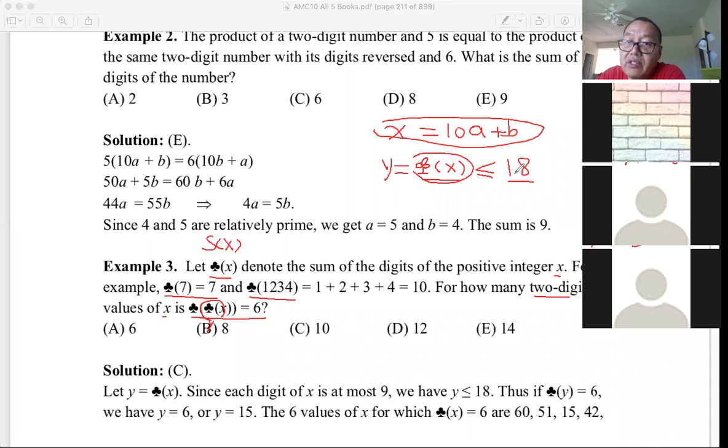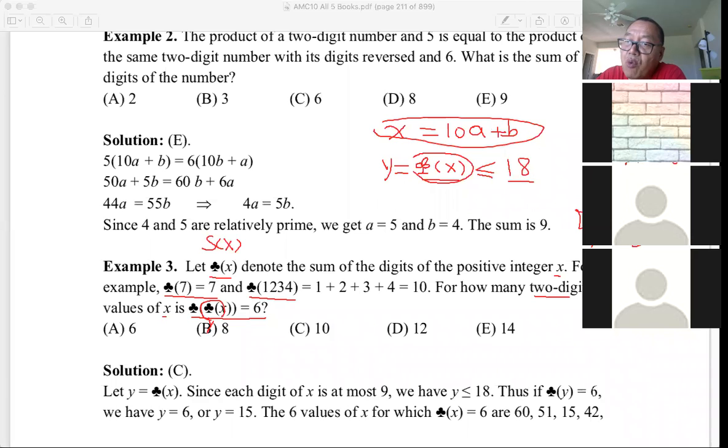See, this Y is less than or equal to 18. These are only two choices. You have no other choices for Y, because this Y, the sum of the digits of a two-digit number, should be less than or equal to 18.